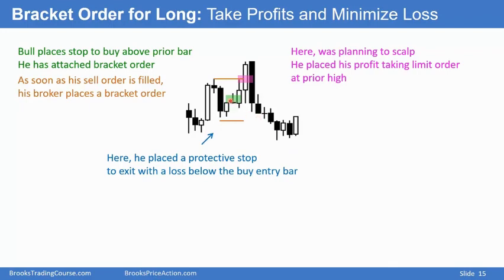He no longer has a position when he gets filled here. He exited his trade, so he no longer needs a stop order. If this order was not canceled, it would still be active. He'd be out of his position here. When the market came down and hit his stop, he would then find himself short. Bracket orders, as soon as one gets filled, the other order gets canceled automatically.